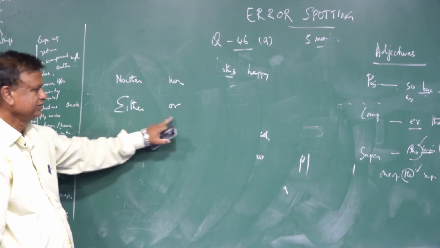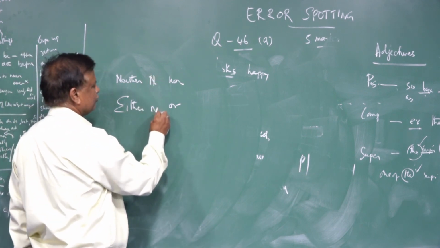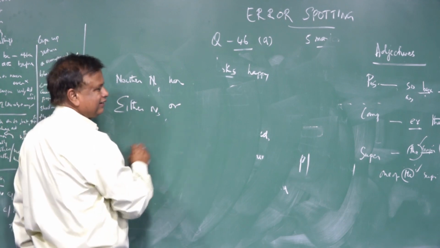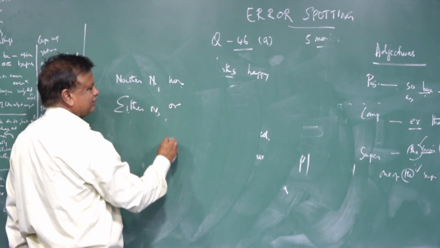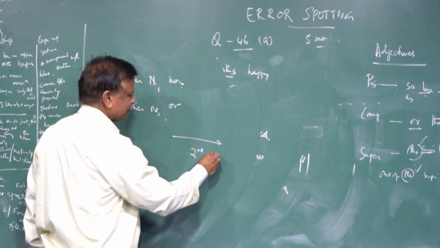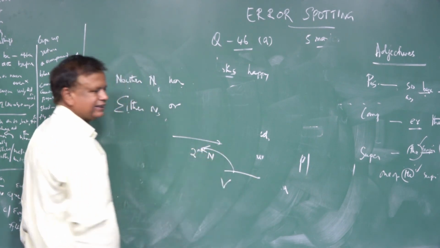When either is given, you check whether or is given or not. Now, you will be having two nouns. If it is neither...nor or either...or, always follow the second noun. The verb should agree with the second noun.